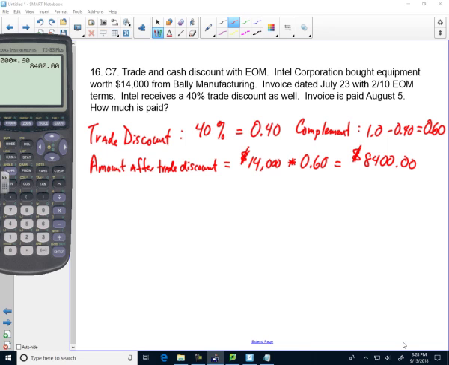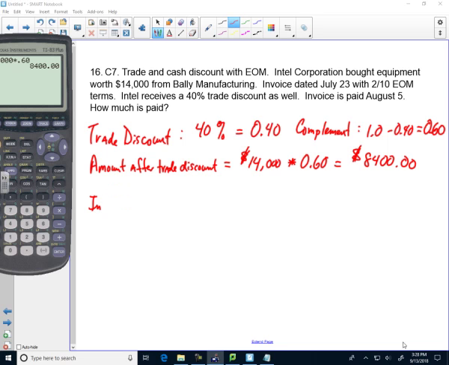How do I want to write this? Let's see, Intel, how about this?